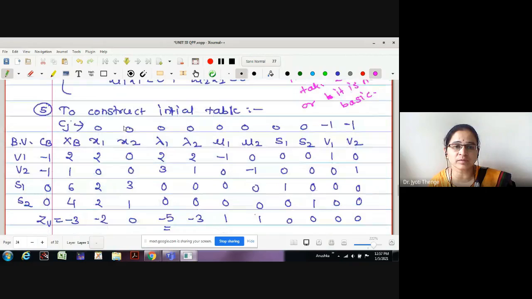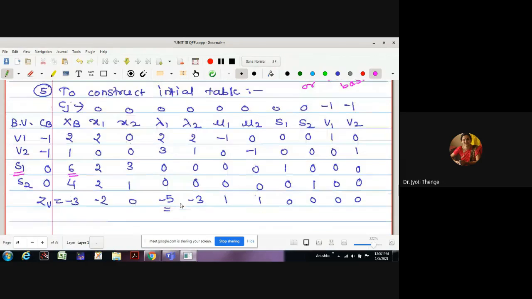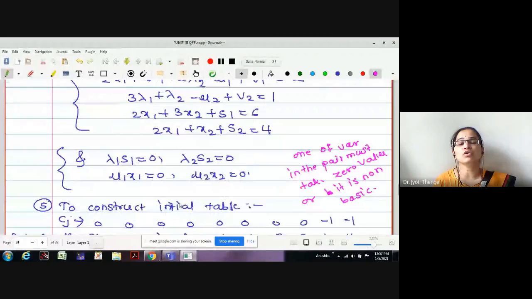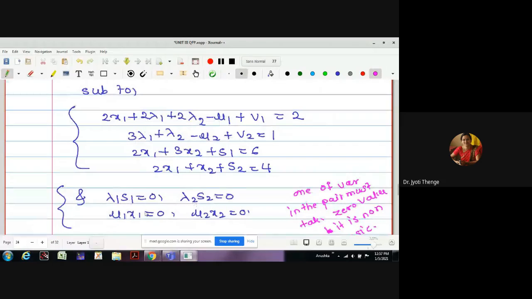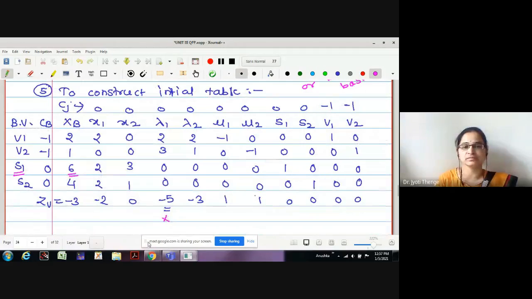S1 is already present in the basis with value 6, which is non-zero. Therefore, we cannot enter lambda 1 in the basis. Everyone getting how we take care of these non-linear conditions while solving the system of linear equations?